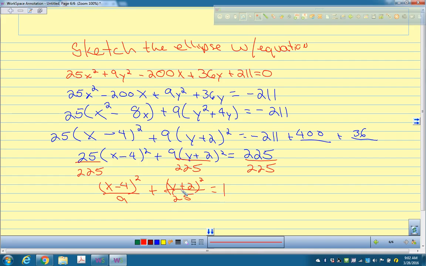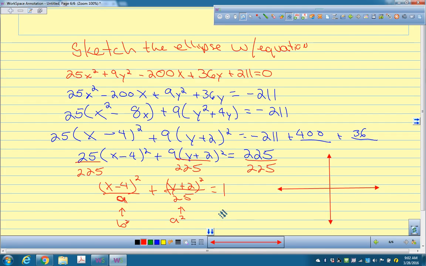So I could write the y squared first. This is a squared, and this is b squared. I should really rewrite it with the y squared first. And so now I could find where everything is. If I were going to graph this, where's the center?